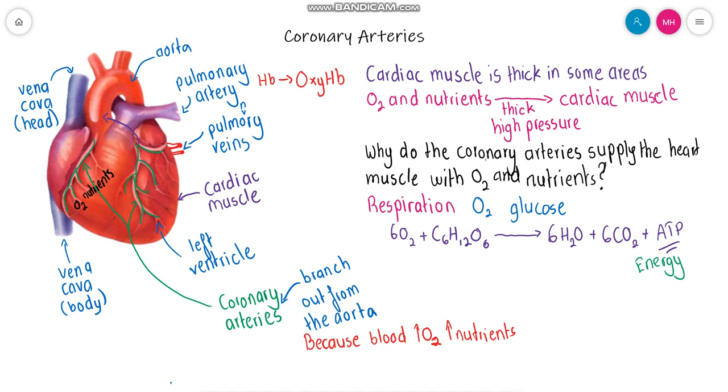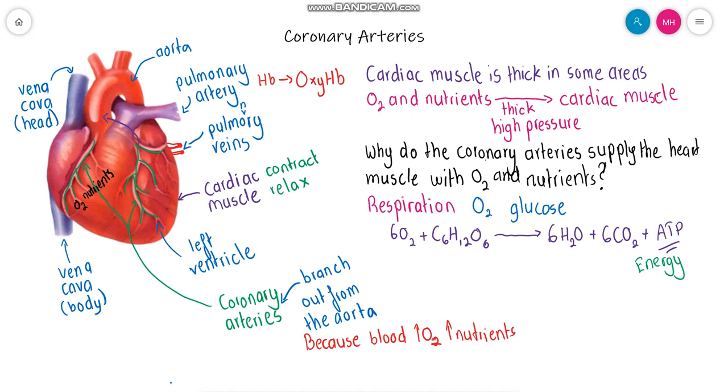So it needs oxygen and glucose in order to produce energy, which can therefore make the muscle contract and relax. When it relaxes its muscles, blood comes into both the atria and ventricles, and when it contracts, both of the ventricles pump blood.